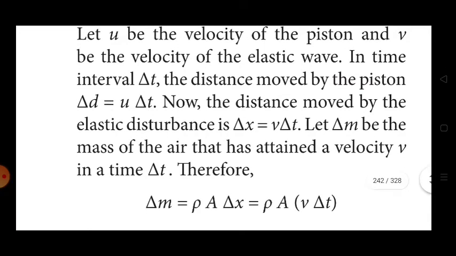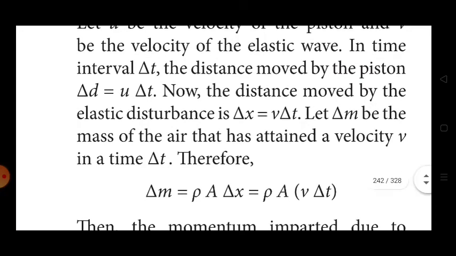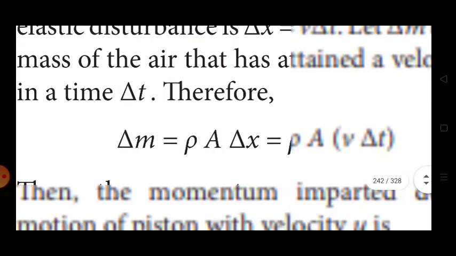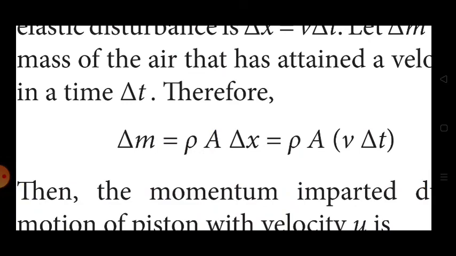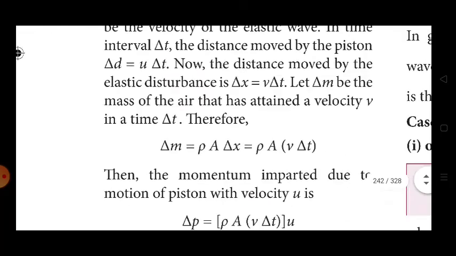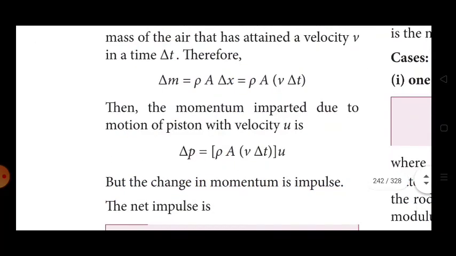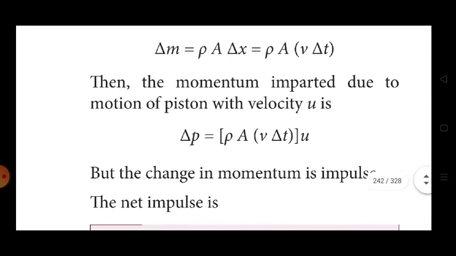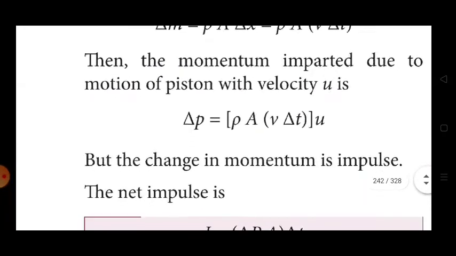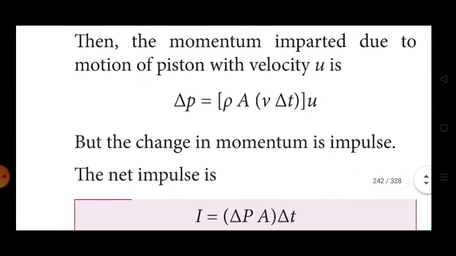Let delta m be the mass of the air that has attained the velocity v in a time delta t. Therefore, delta m is equal to rho A delta x is equal to rho A v into delta t. Then the momentum imparted due to motion of the piston with the velocity u is delta p is equal to rho A v delta t into u.